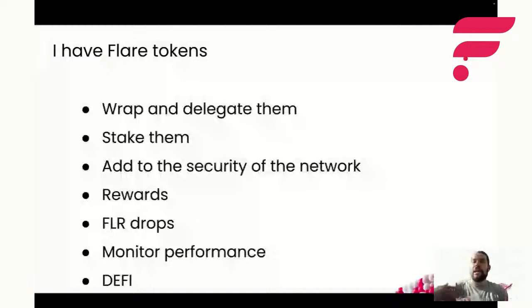And as I said before, you should always monitor the performance of your validator, data provider, and make sure that they're on top of their game. Otherwise, go to somebody else and make sure that the network is correct. The easiest way to do it is to use Flare portal, where you can easily see who you are, what your balances are, who you're delegating to, and you can also claim delegation and Flare drop rewards.